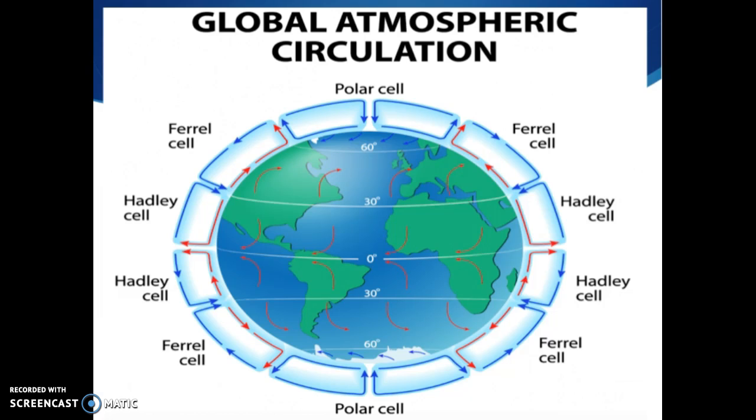Now, we look at this picture, and it is global atmospheric circulation. This kind of shows all the arrows and the directions that these cells cause wind to travel. And wind is all over the place. It is moving in clockwise, counterclockwise, everything.